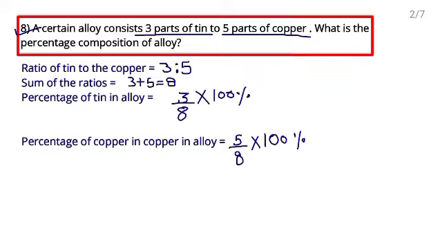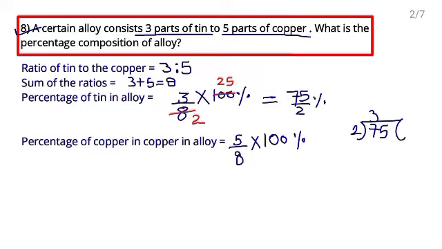Now simply solve them. 4 2s are 8, 4 2s are 8, 4 5s are 20. This is 25 multiply 3 in numerator. 25 3s are 75. So write here 75 upon 2%. Divide 75 by 2. 2 3s are 6.